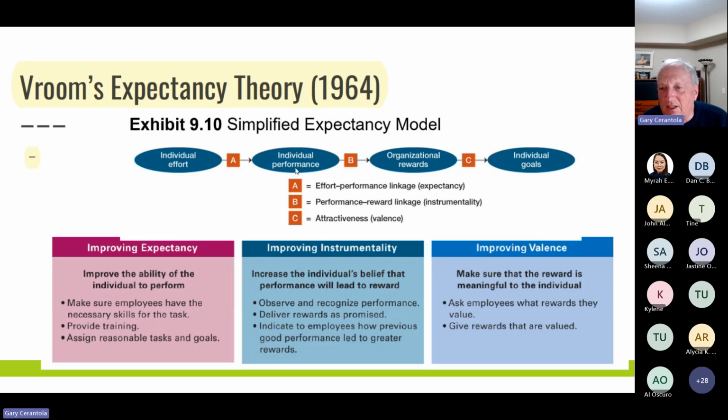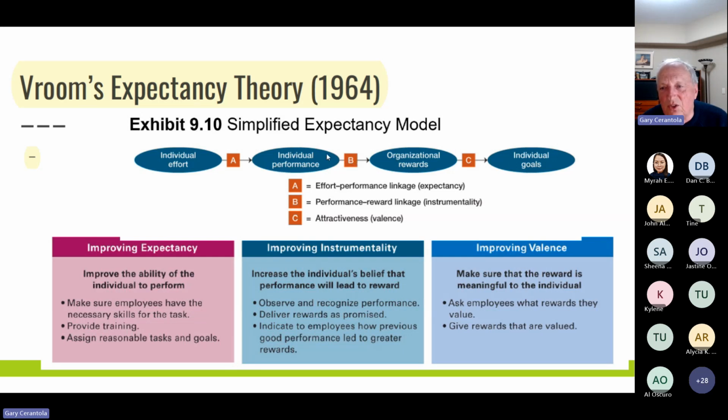So what you're doing in individual performance is increasing the individual's belief that performance will lead to reward. So what you've done is make this linkage between, okay, you're going to align with the goals of the organization, you're going to increase your productivity and the outcomes, and we're going to reward you for that.